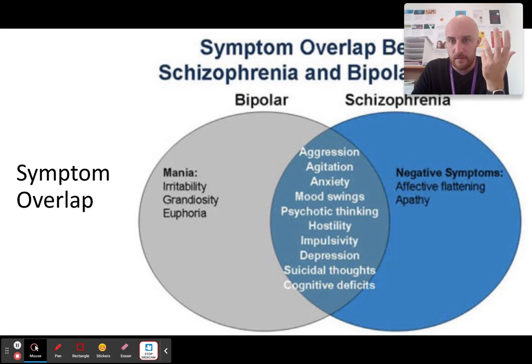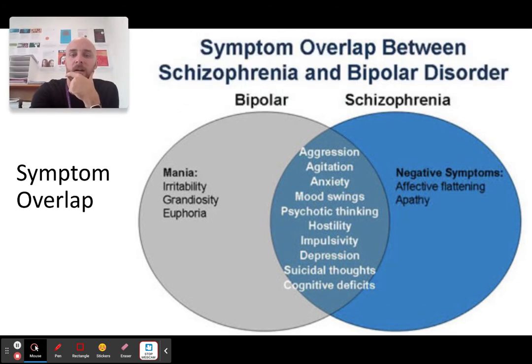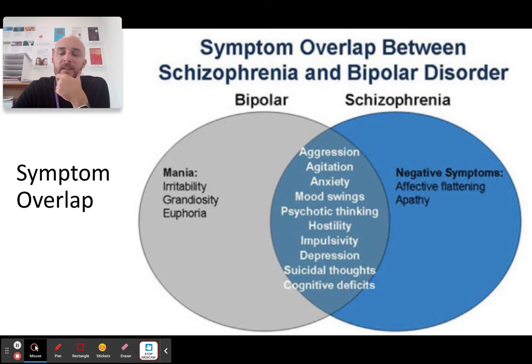So, and as we can see here, these are symptom overlap examples between schizophrenia and bipolar. So as you can see, there's a lot in the middle. Both of these disorders share aggression, agitation, anxiety, mood swings, psychotic thinking, impulsivity, depression, suicidal thoughts, cognitive deficits. There are some symptoms here, and you might think, well, hold on a second, these are exclusive to schizophrenia.